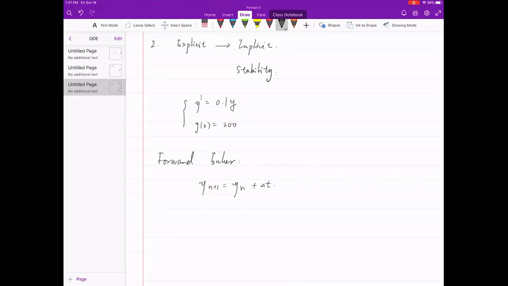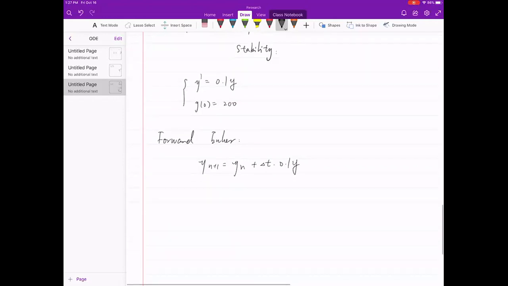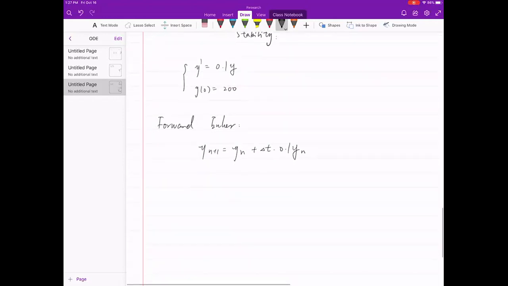Delta t times 0.1y. Where does it come from? It comes from here. Sounds good?